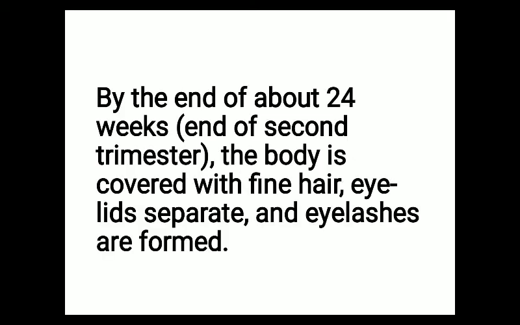By the end of about 24 weeks, meaning the end of the second trimester, the body is covered with fine hairs, the eyelids separate and eyelashes are formed. So we have to keep in mind, by the end of the second trimester, these changes will take place in the body of the fetus.